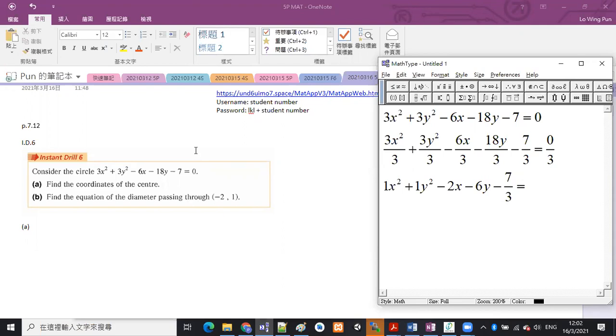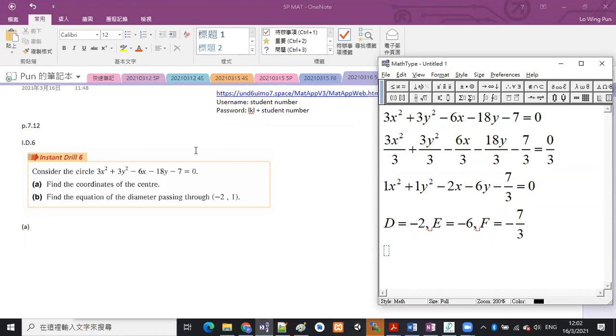Right-hand side, 0 over 3 is 0. Now the left-hand side has 1x squared plus 1y squared, so we can write down d is -2, e is -6, and f is -7 over 3.